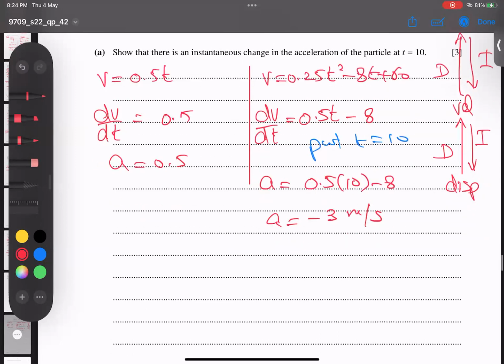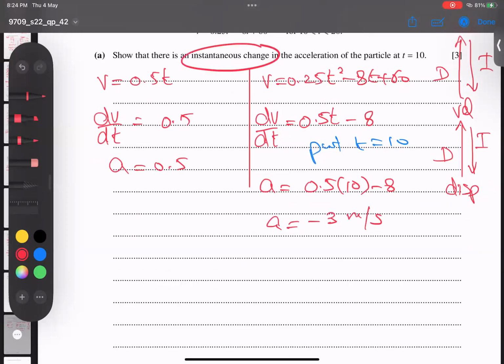And they are not the same, so it means there is a change. So you can say hence proved: there is a change in acceleration. That's it, and let's go for the next part.